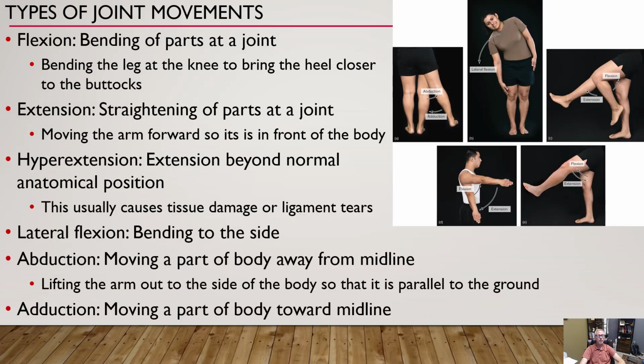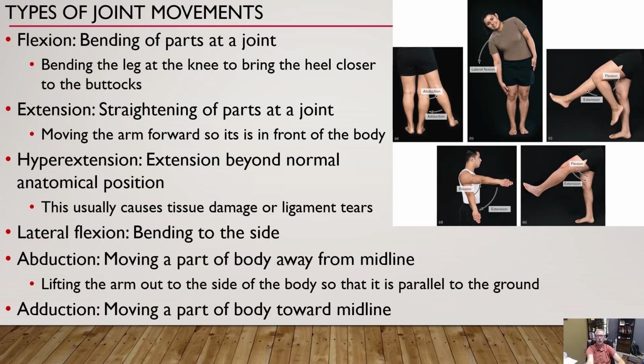All right, so remember, we have a bunch of different definitions that you're going to have to memorize. You are going to have to know the next 3 slides. Flexion, bending of a body part at a joint. You flex your arms. You bend your neck. You bend your leg at the knee. You're bringing your heel closer to your butt. Extension. You're straightening that body part.